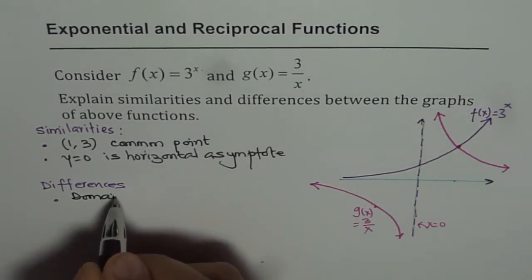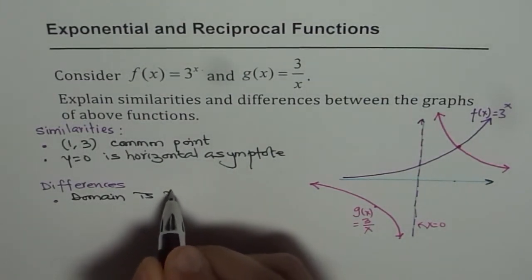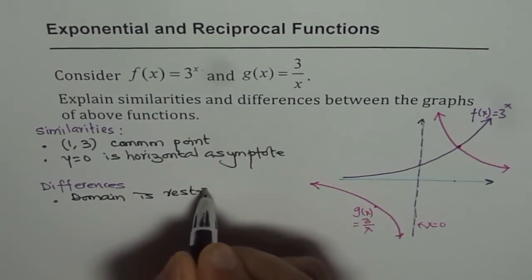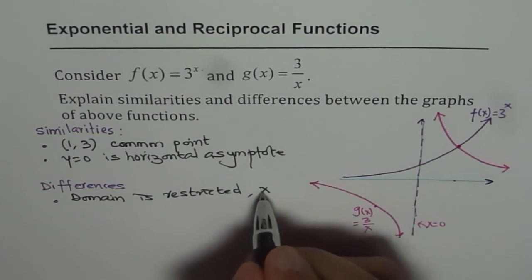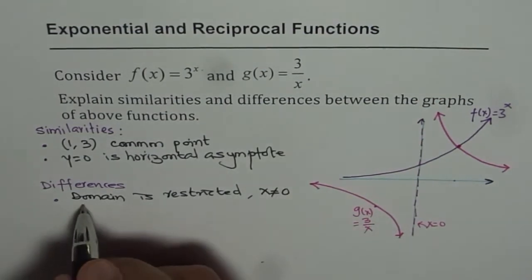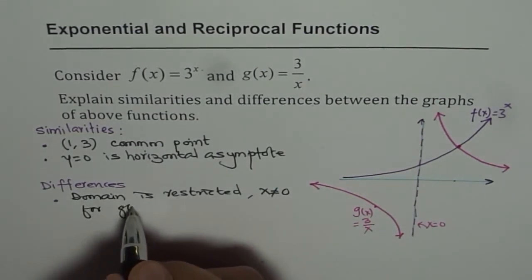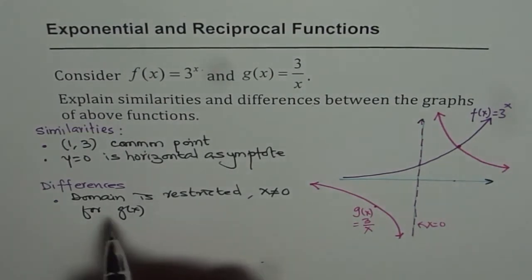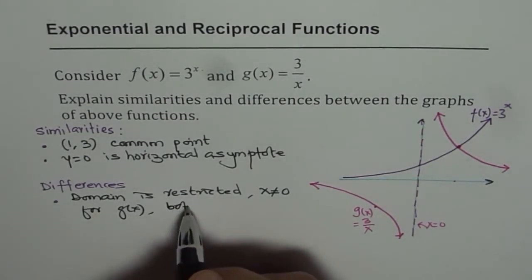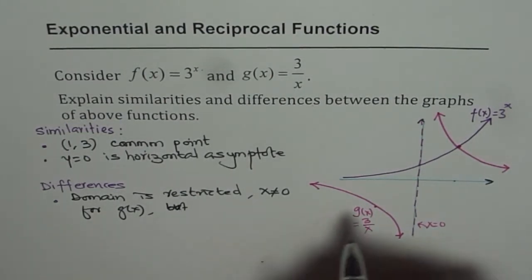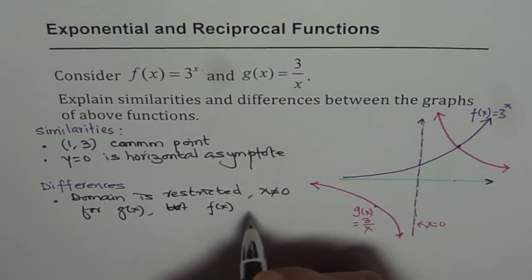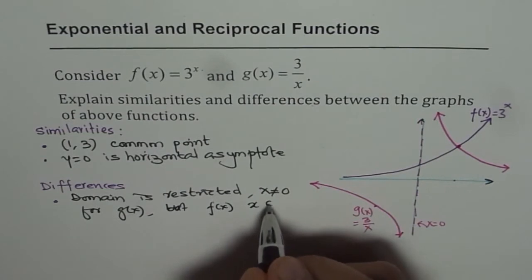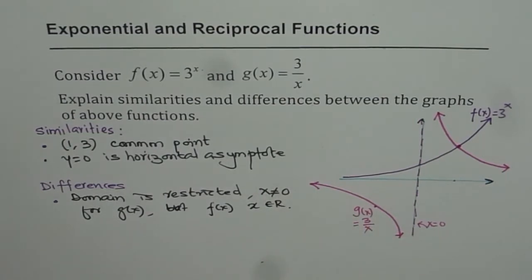So the domain is restricted, as x is not equal to 0 for g of x, correct? But for f of x, there is no restriction. For f of x, x belongs to real numbers. So one is the difference in the domain itself.